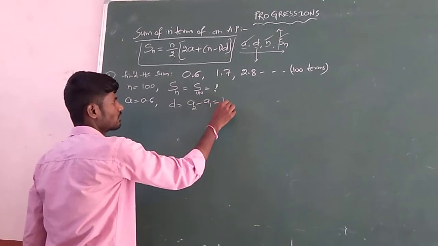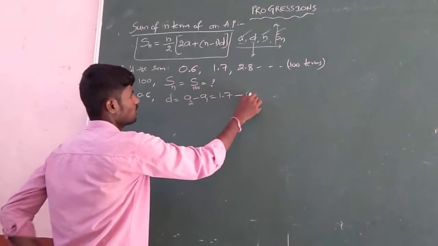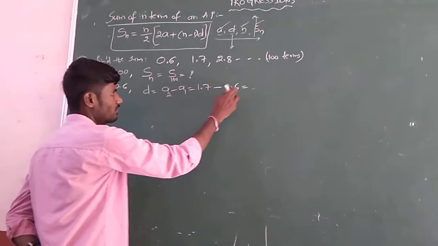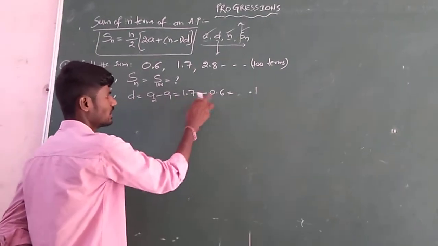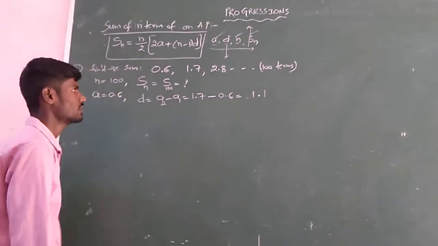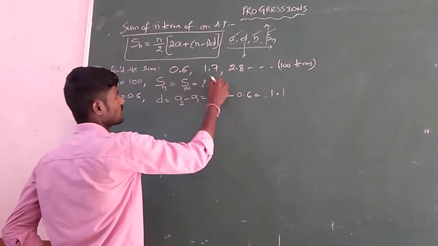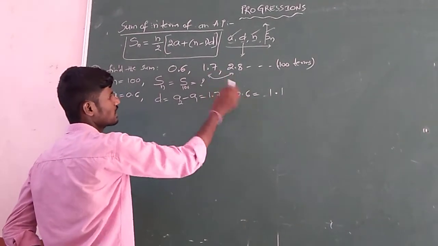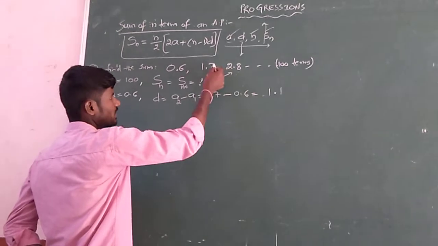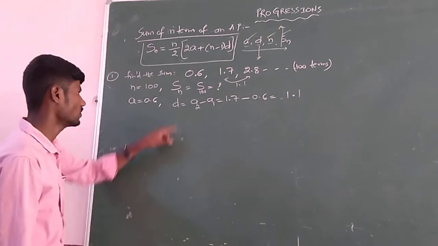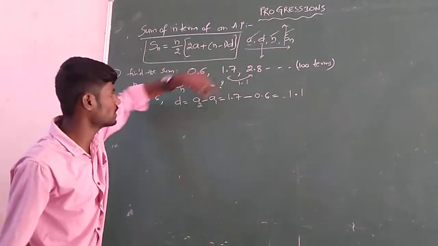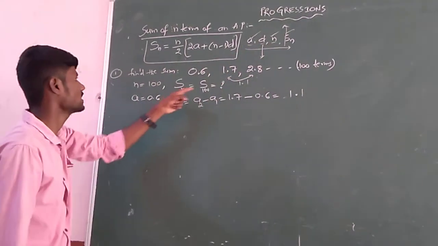Here, 1.7 minus 0.6: 7 minus 6 is 1, with one decimal point, and 1 minus 0 is 1, so 1.1. If you observe the next two terms, the difference is the same: 8 minus 7 is 1, 2 minus 1 is 1, so 1.1. Same we are getting. So we have A, D and N, and they are asking S100.